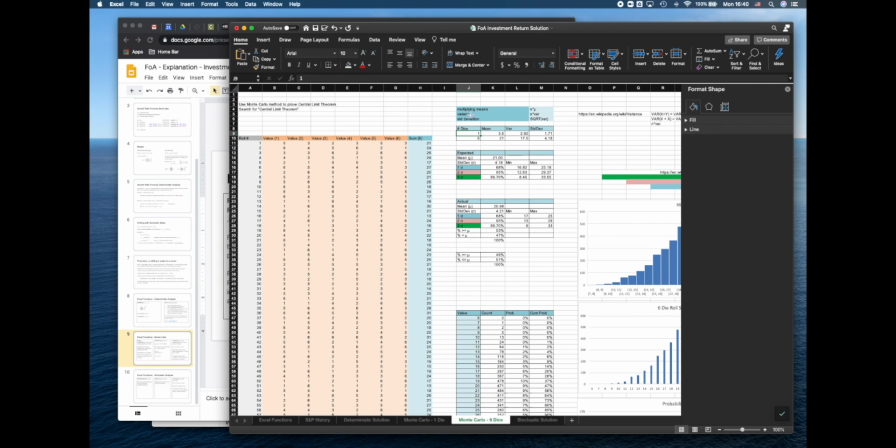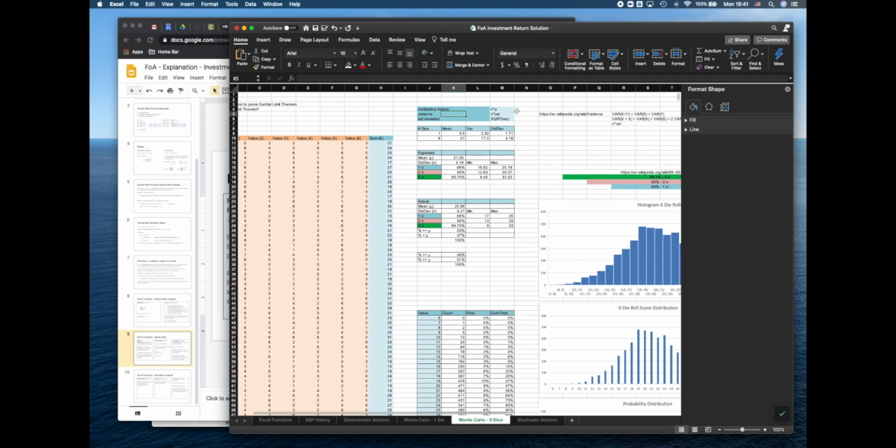Now if you remember, we had 1 die, and we had the average, the variance, and the standard deviation. It turns out, and you can again look this up, that you can figure out the mean when you're adding numbers together just by adding all the means together and getting a new mean.